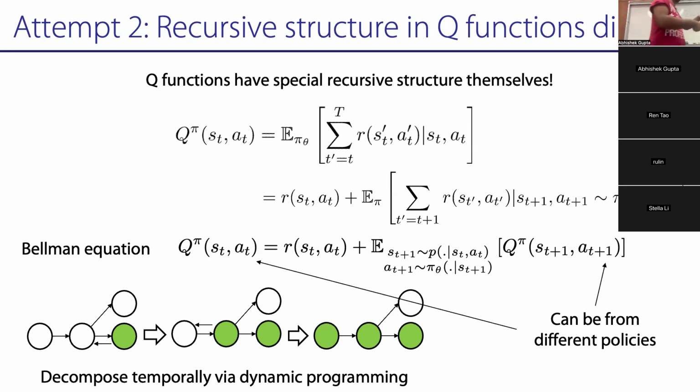You're going to have data from some other thing which is not pi. Because you can stick in arbitrary actions here, this allows you to evaluate this thing on transitions which are not from pi. They have to be from the same environment, the same dynamics, but at least the policy can be different. And that's what makes it off policy.